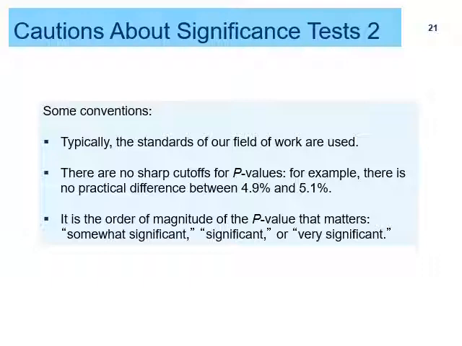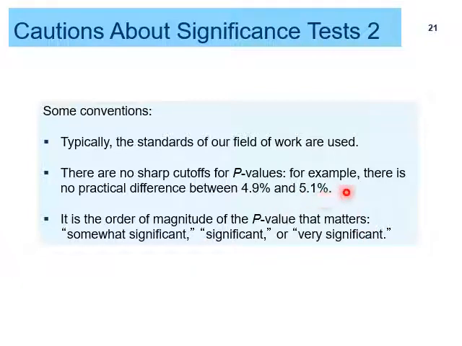There are no sharp cutoffs for p-values. For example, there is no practical difference between 4.9% and 5.1%. It is the order of magnitude of the p-values that matters, so we can say somewhat significant, significant, or very significant.